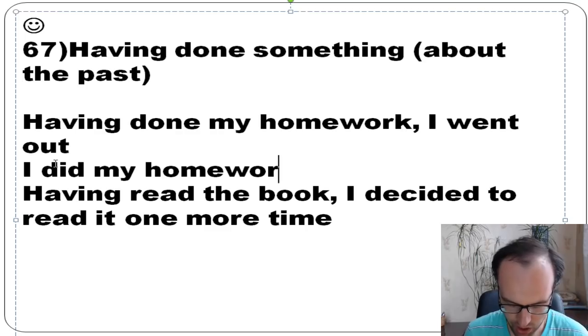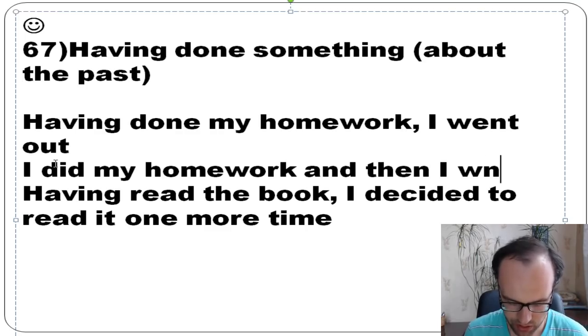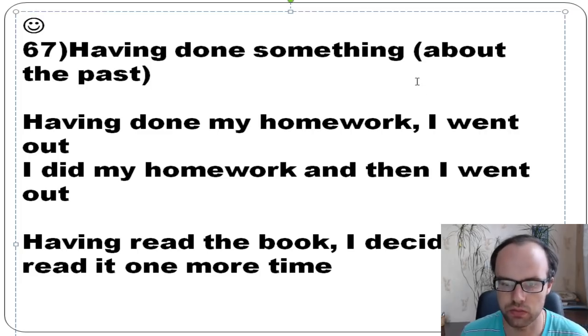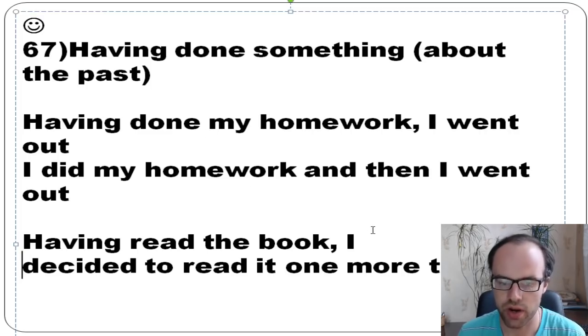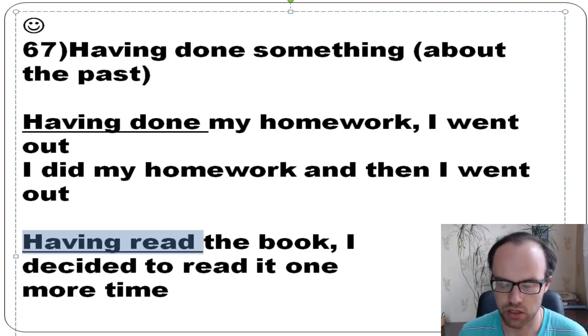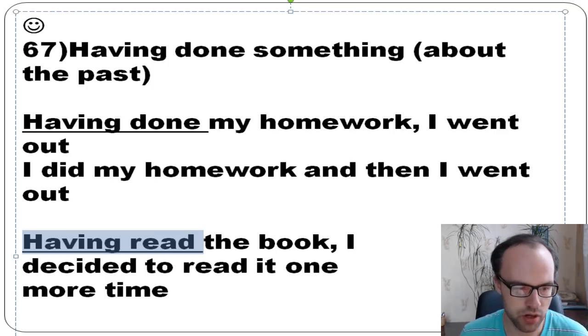Next, having read the book, you remember read, read, read. Having read the book, I decided to read it one more time, or I decided to read it again. So it means that I read that book, and then I decided to read it again one more time.